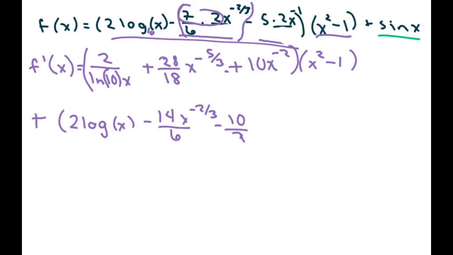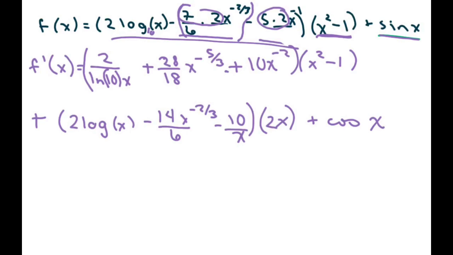And I just multiplied those two. That's an x. And then you take the derivative of this piece, which is 2x. Now, take the derivative of sine, and that's going to be plus cosine of x. Okay.